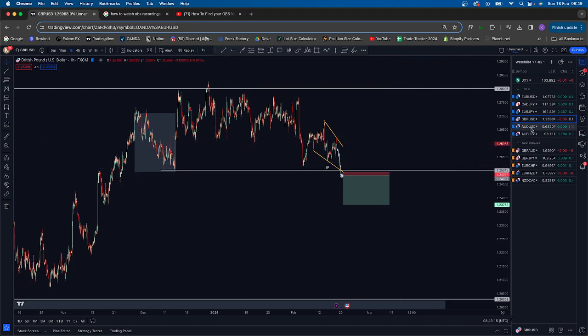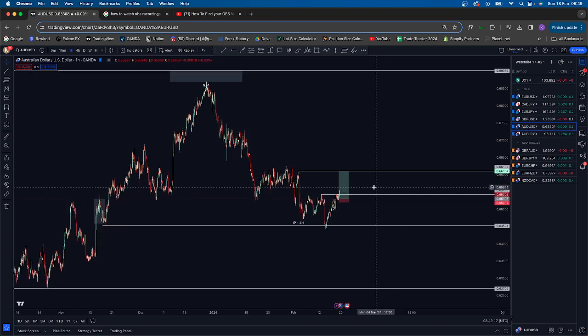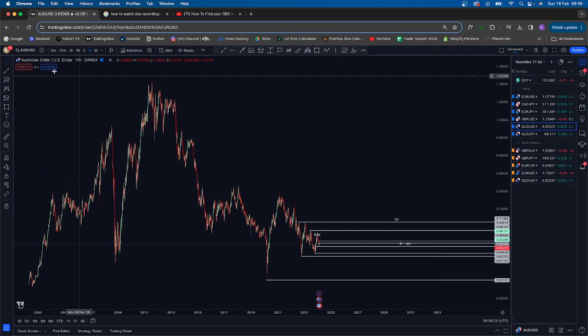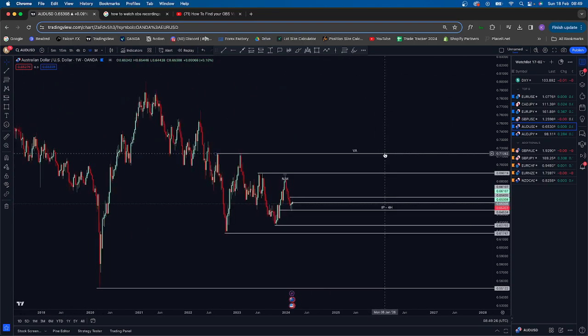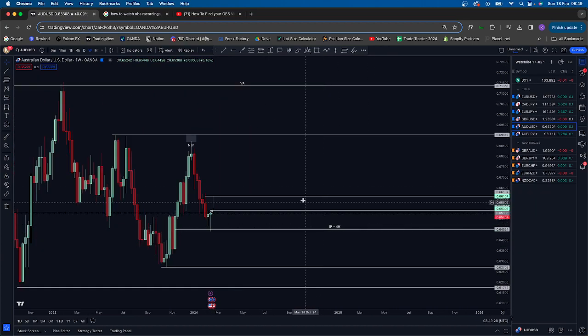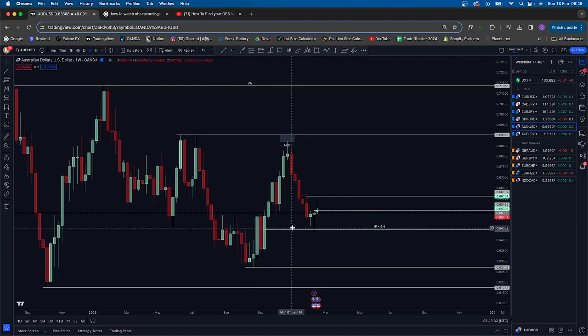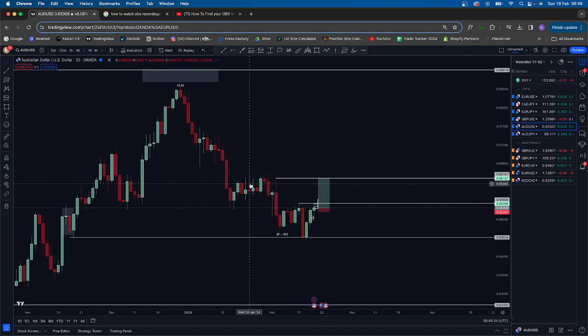Okay, next pair, AU. I've already got this marked on actually. So just having a look at the weekly, I've been looking at the weekly first. We have tapped into this area. We can see this better on the daily.